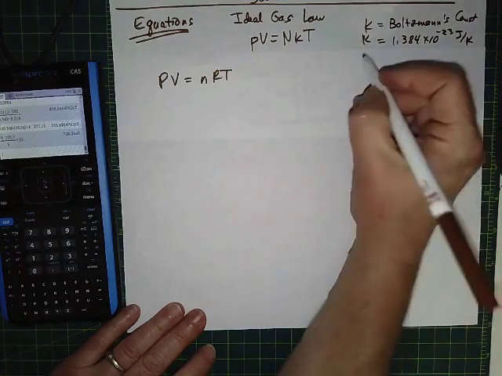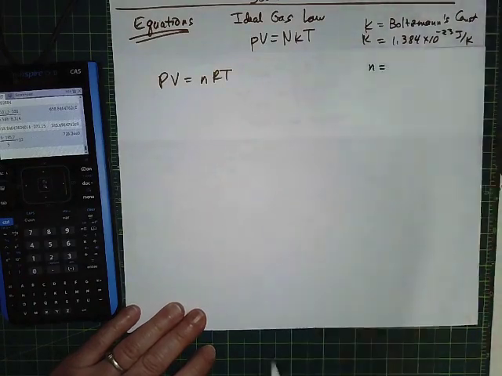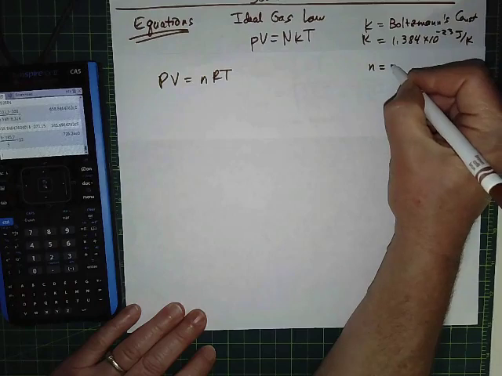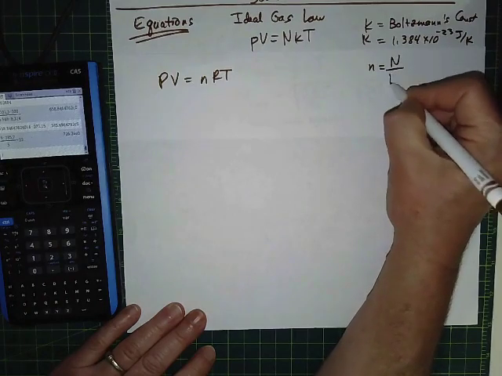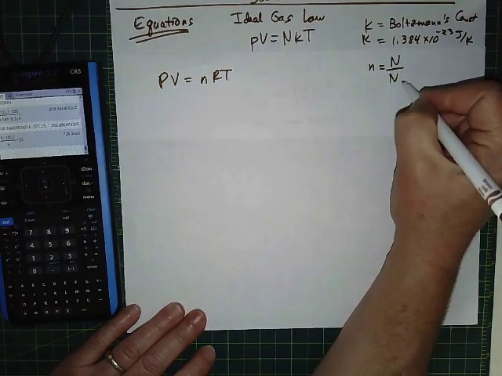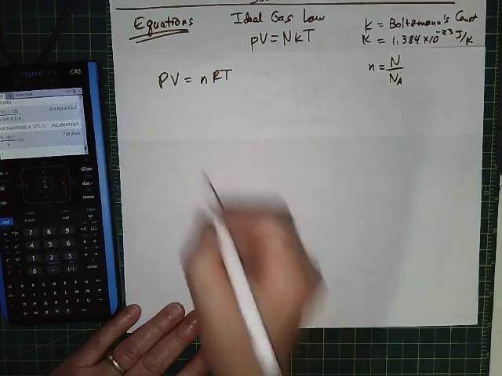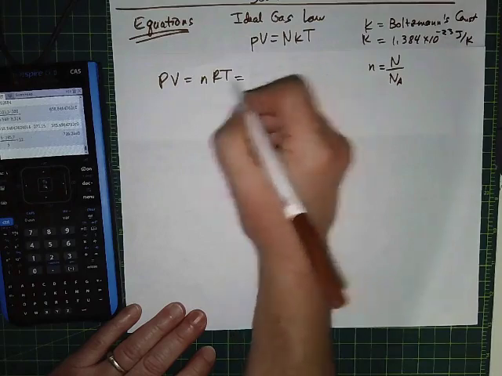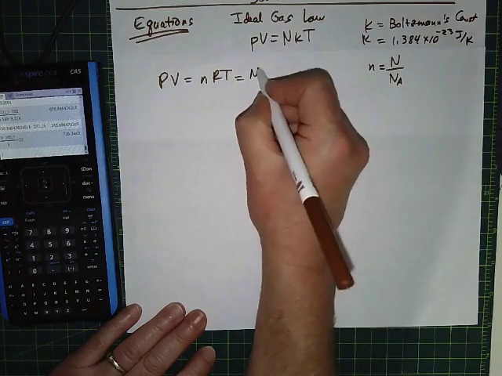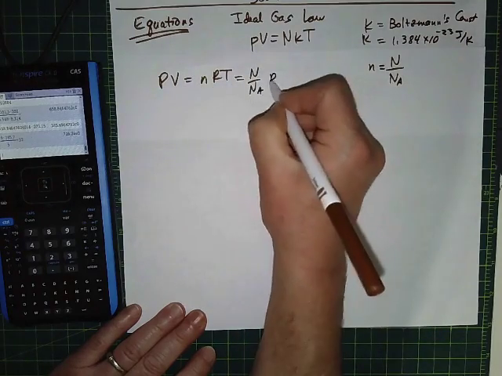But we also had an equation for n, the number of moles, which is the number of atoms N divided by Avogadro's number. So we can plug that in for n. We get PV equals capital N over Avogadro's number times RT.